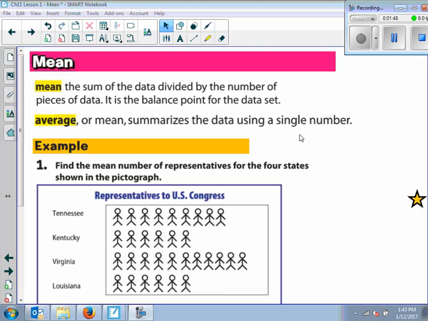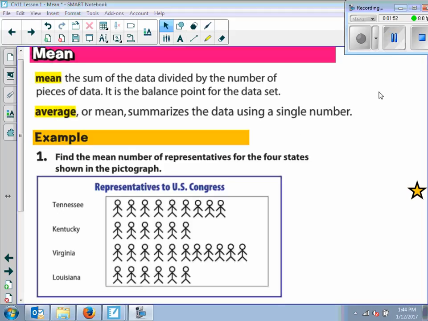Now, this next part, you don't have to write it down. We're just going to talk about it. It says, find the mean number of representatives for the 4 states shown in the pictograph. A pictograph is a graph that uses pictures to display the data. We first want to add up how many representatives for each state.